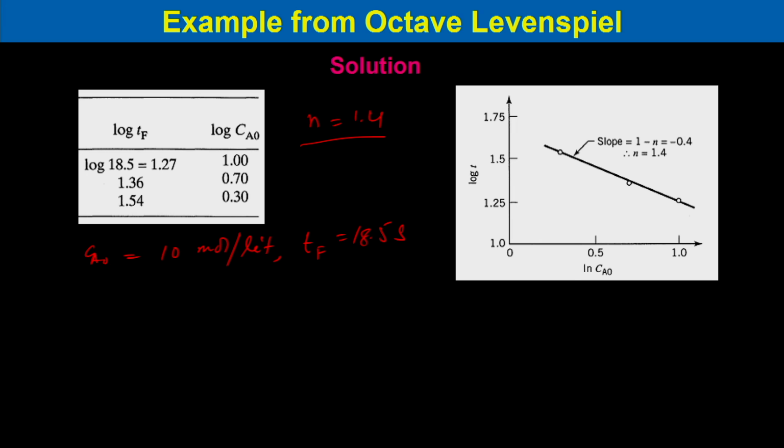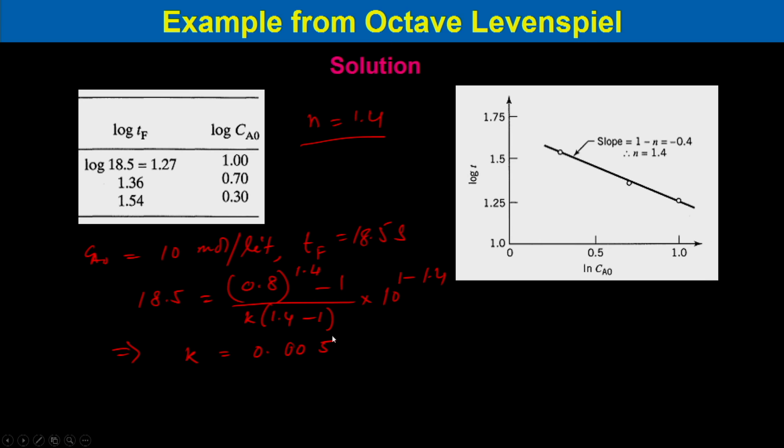If we put this in the fractional life method, we would get 18.5 equal to 0.8 to the power 1.4 minus 1, divided by k into 1.4 minus 1, into Ca naught, which is 10 to the power 1 minus 1.4, from which we can calculate k would be 0.005, and the unit would be liter to the power 0.4 divided by mole to the power 0.4 into second.